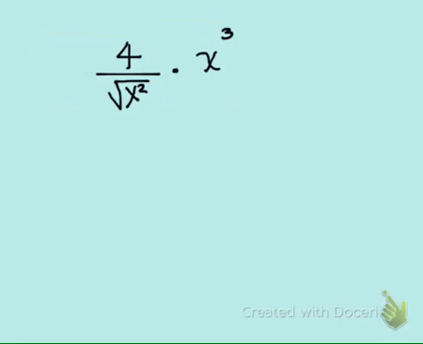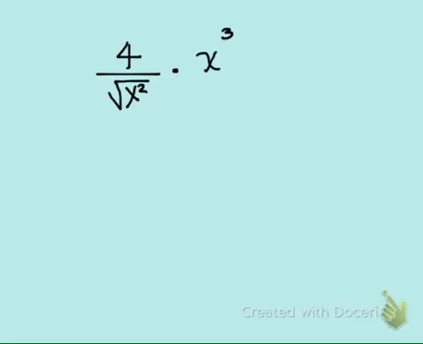For this one, we have a fraction that has a radical expression, and then we have just a regular exponent, which is nice. So first thing, again, that I'm going to do is I'm going to rewrite the radical using rational.